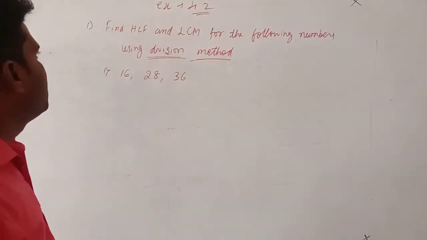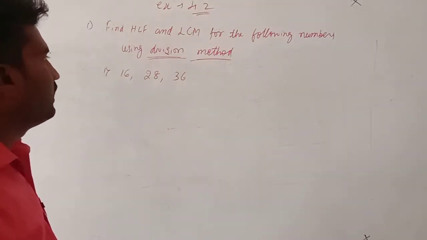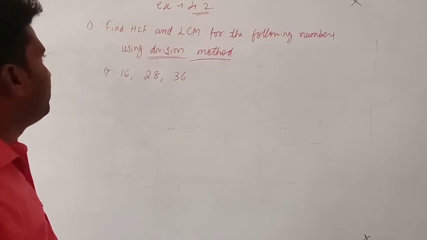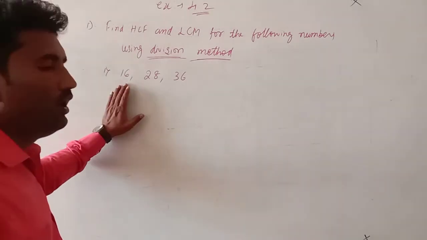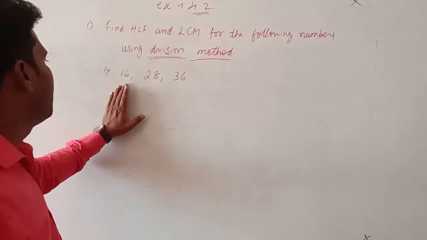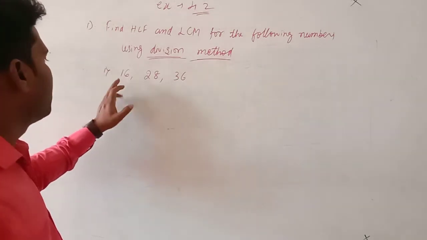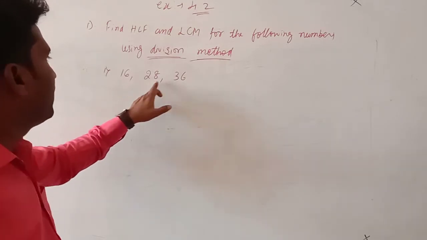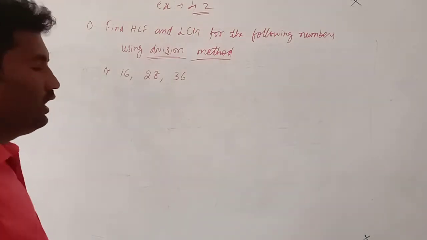For finding HCF and LCM by the method of division, we have to arrange the given numbers into increasing order. So check whether these numbers are in increasing order or not. So 16, 28 and 36. So the numbers are in increasing order.